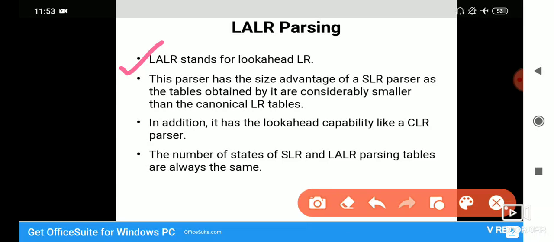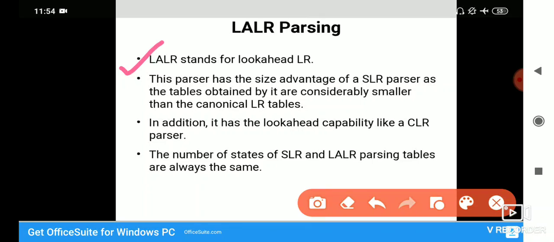It is because the SLR parser does not have the look ahead symbol, but the CLR parser has the look ahead symbol, and because it has the look ahead symbol, the number of items increases if we consider the same example for constructing the parsing table using SLR as well as CLR. Well, in LALR it is saying that the number of items created in SLR, in LALR also we will have the same number of items.